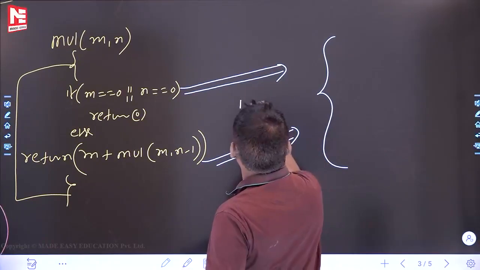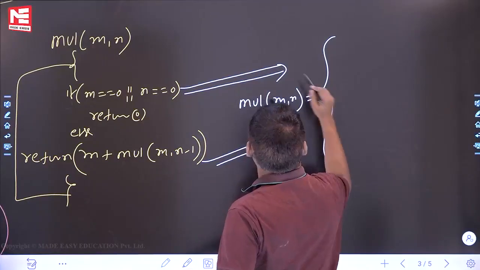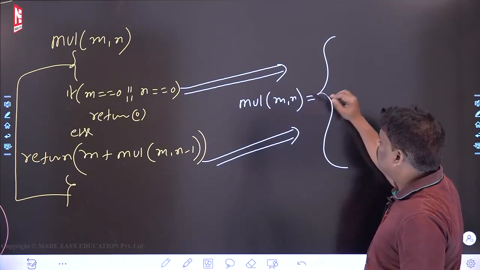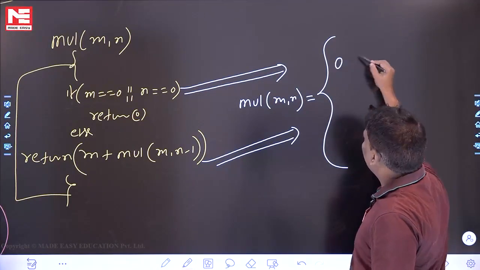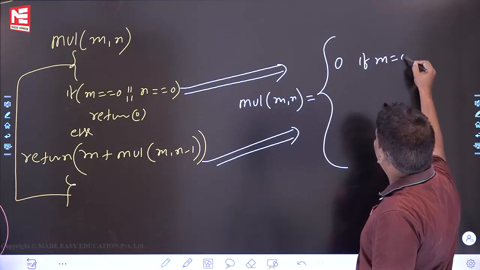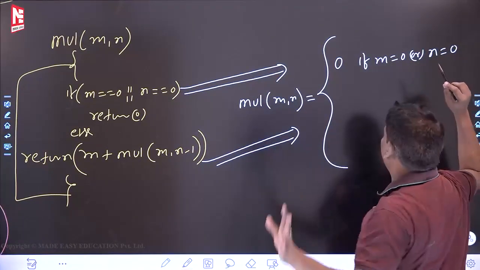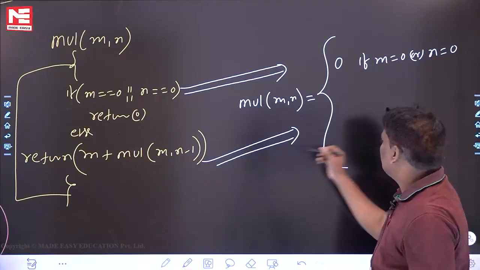Multiplication of m comma n is equal to: first one first place, second one second place. What is the answer? Answer is going to be 0 if m is 0 or n is 0. Just write in the form of mathematics, right? If m is 0 or n is 0, answer is 0. Otherwise, second part, what is the answer?